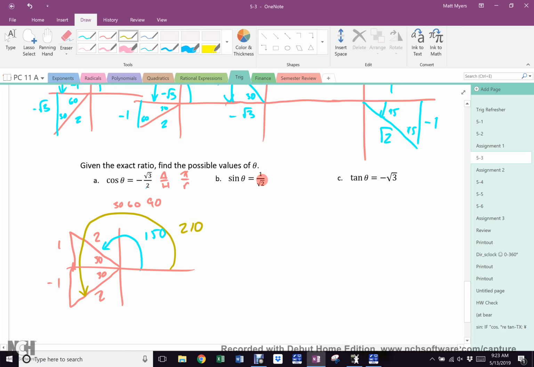Automatically, a 1 and a root 2. 45, 45, 90 or 30, 60, 90? 45, 45, 90, yes? Sign is positive. Where must it be? Second quadrant or first quadrant. If that's the root 2, then that's 1, 1, 1, 1. This must be 45. This must be 45.